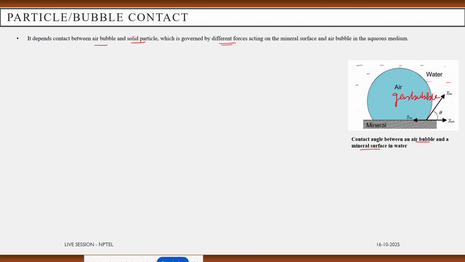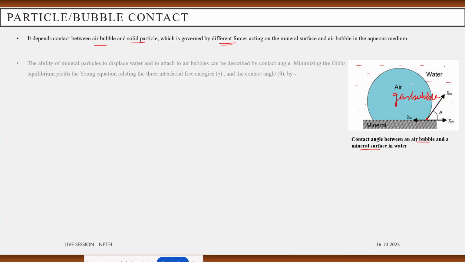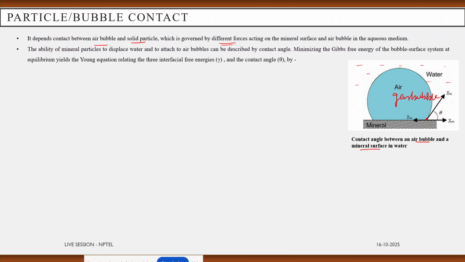So here, at this point of contact, if you draw the tangent and analyze the forces acting on this point of contact, then you will be calculating the contact angle. The ability of the mineral particles to displace water and to attach to the air bubble can be described by the contact angle.